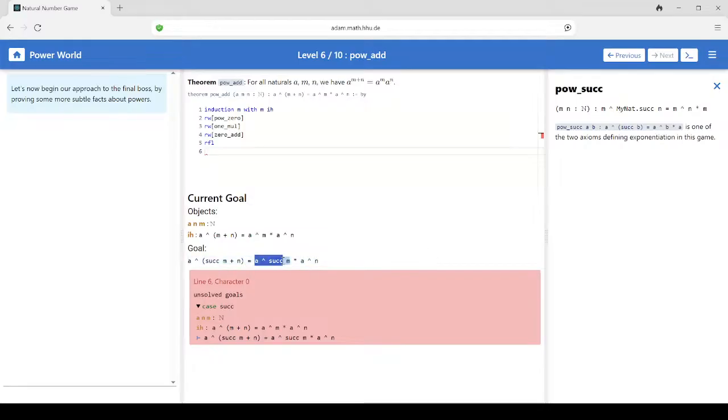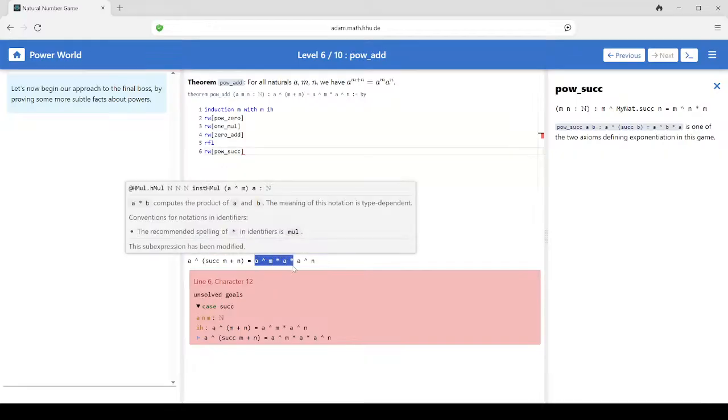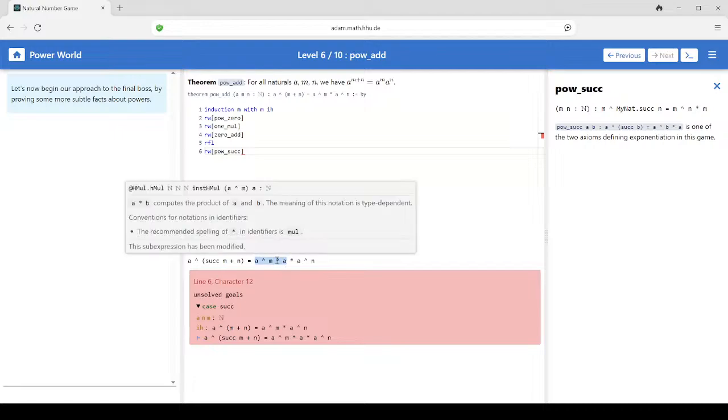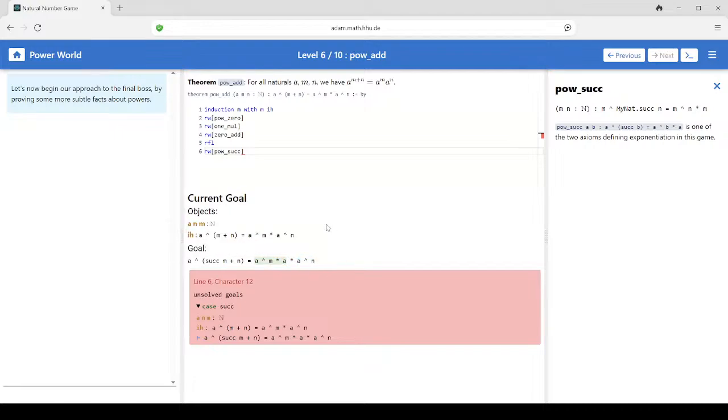This will work on this side, but not on this side. Oh, we have an extra a in there, though. A to the power of m times a times a to the power of n. We have this extra a in here.